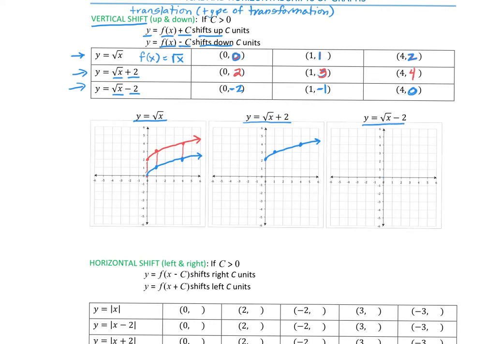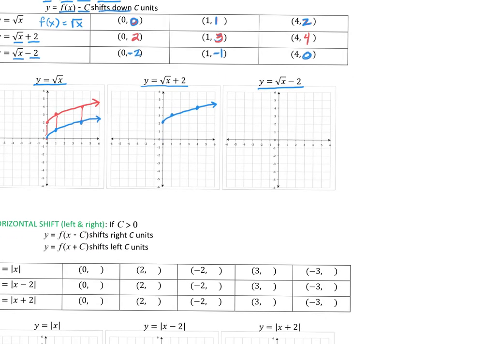Graphing in the last coordinate system, if I graph the point 0, negative 2, 1, negative 1, and 4, 0, I've taken that original graph and shifted it down 2 units.